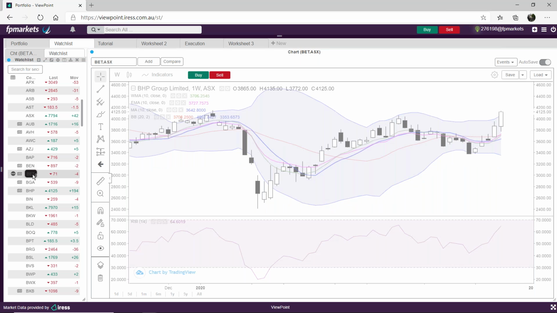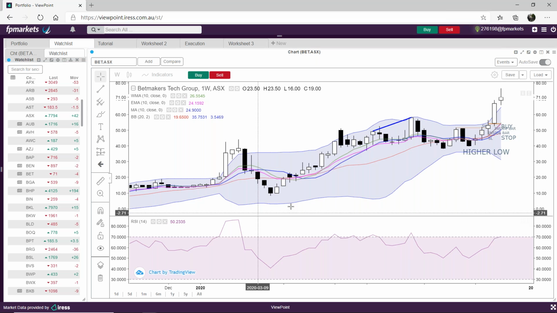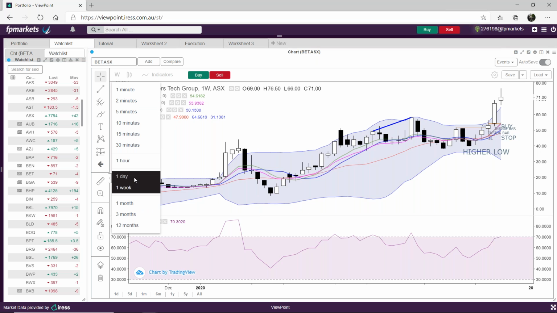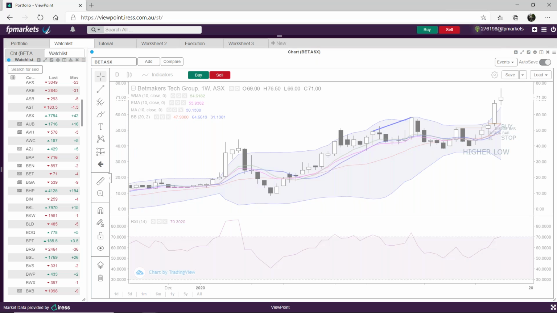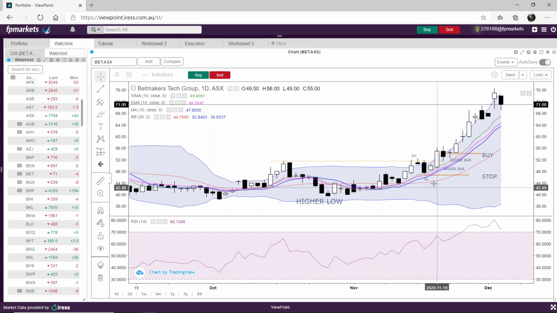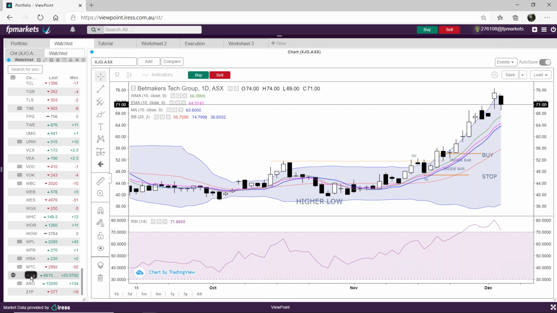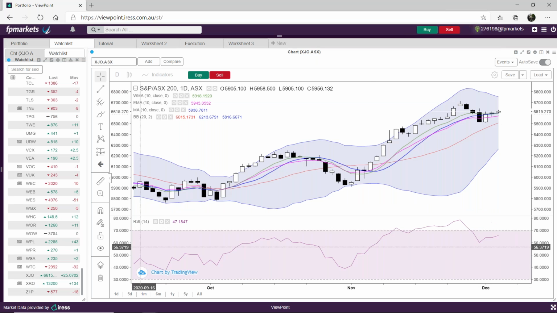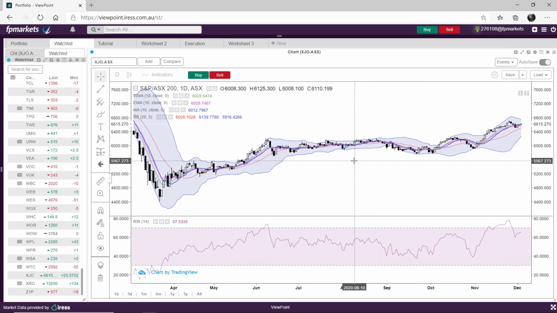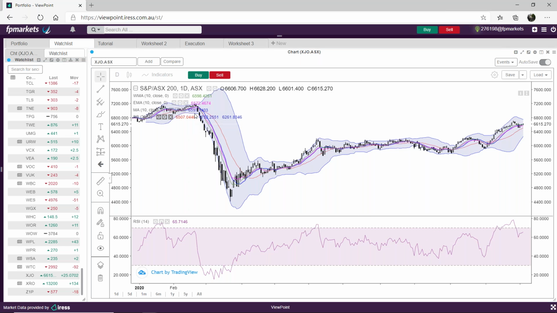Was in BET. Let's go to the daily chart on here. One of the key aspects of, before we go there, bear with me a moment, let me just go to the index here. Back in February, the index made a significant run down the lower Bollinger Band there.